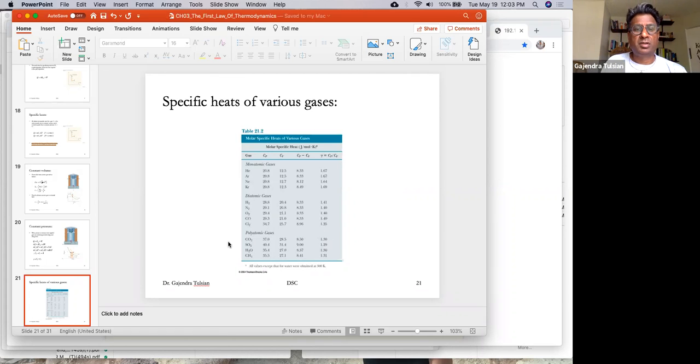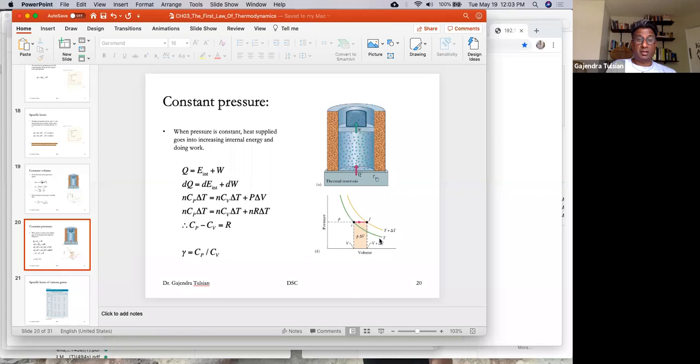For these gases, it's 1.3. So what we see is that for more complex gases, gamma decreases. The more complex the gas, the smaller gamma is. So gamma tells you the complexity of the particles.